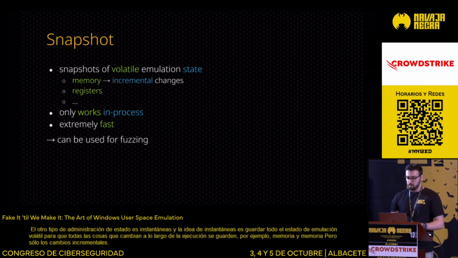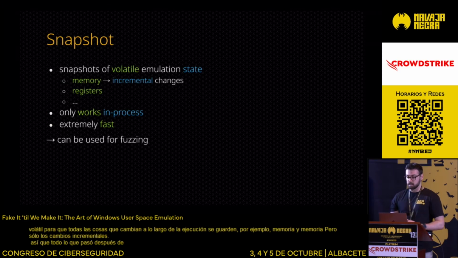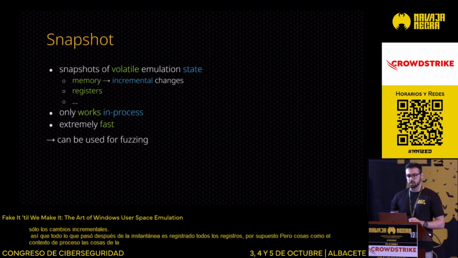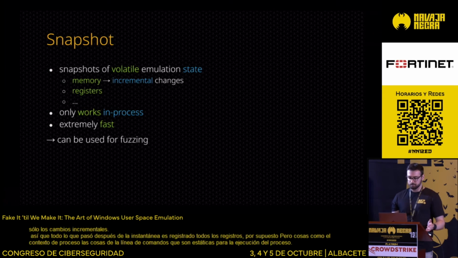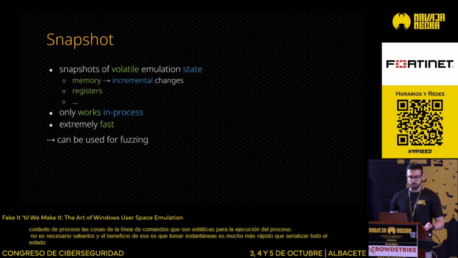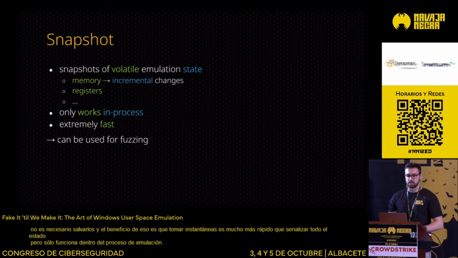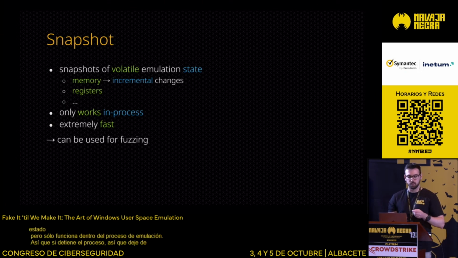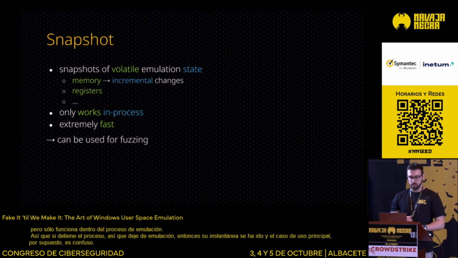And the benefit of that is that taking snapshots is a whole lot faster than serializing the entire state, but it only works within the emulation process. So if you stop the process, stop the emulation, then your snapshot is gone. And the main use case, of course, is fuzzing. If you want to perform the next fuzzing iteration, then you use snapshots because you're still in the same process environment.